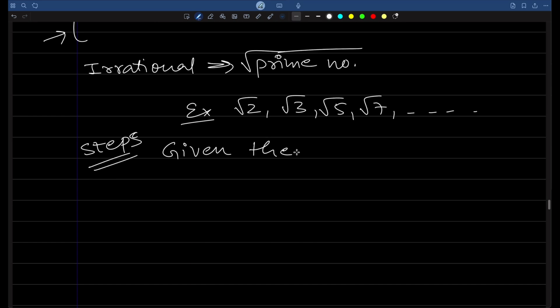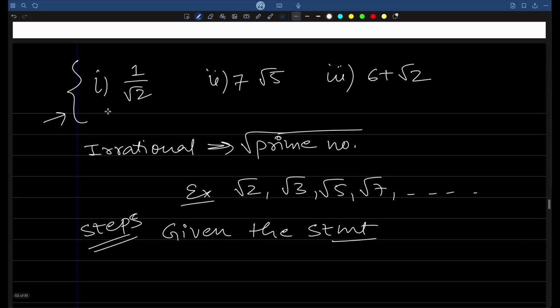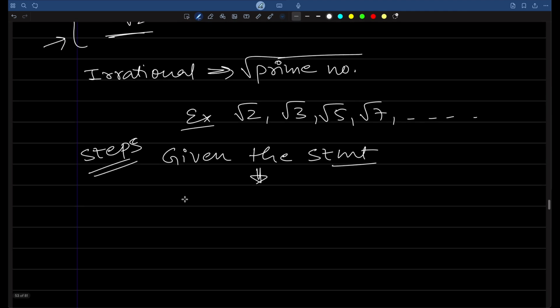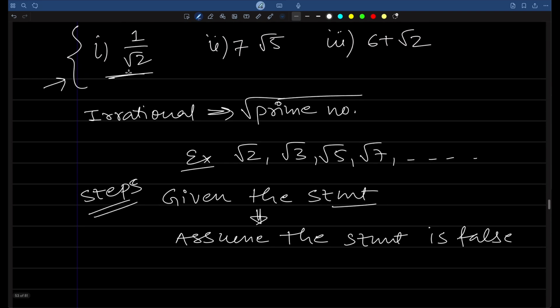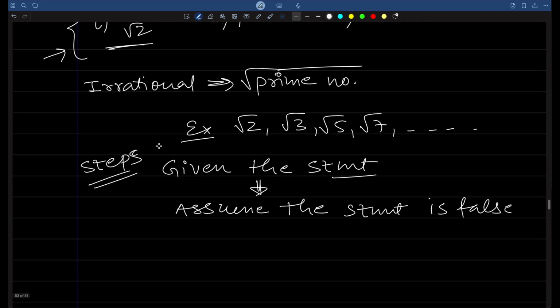Given the statement that the number 1 by root 2 is irrational, we will assume the statement is false, that is the number 1 by root 2 is not irrational, it is rational.